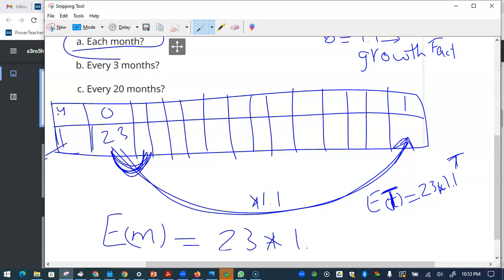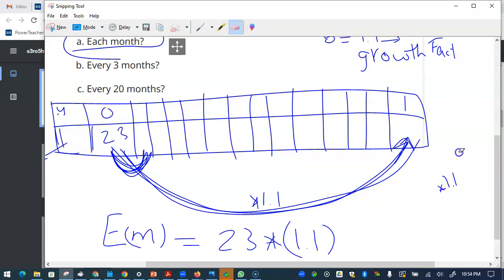The factor is 1.1, but this time you're putting the number of months, because in a year there are 12 months. So this formula changes to months divided by 12. See? So if this is 12, then 12 divided by 12 is 1 year, right? So it's like you get back the same thing.